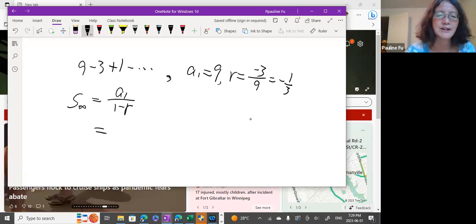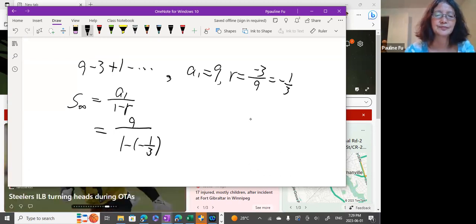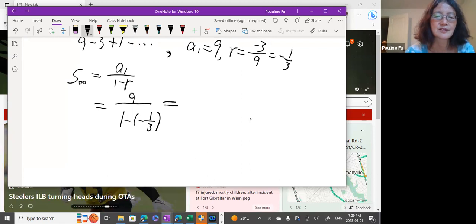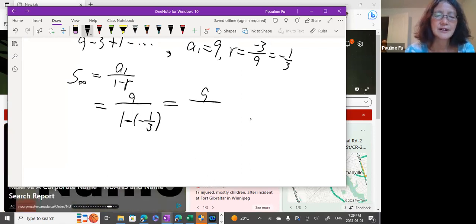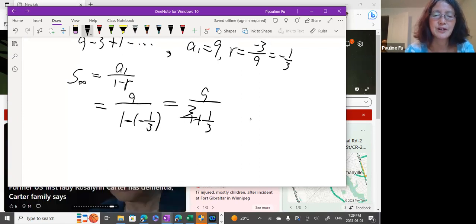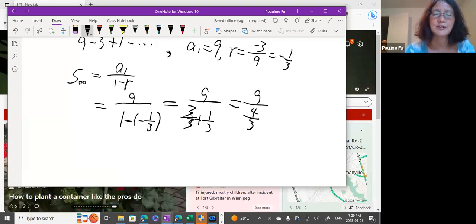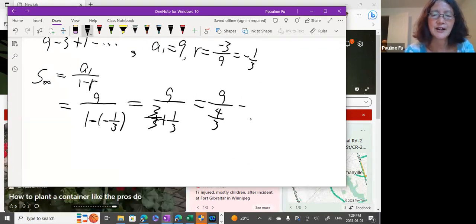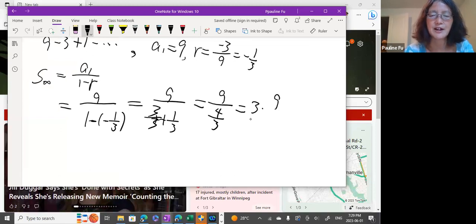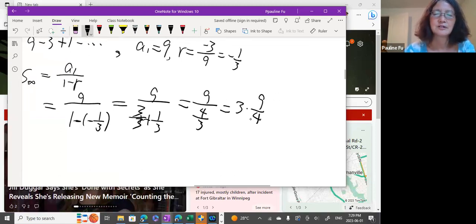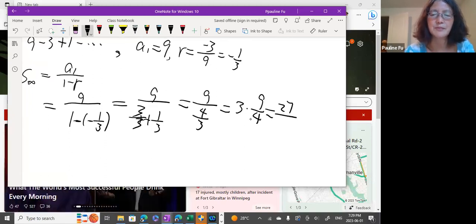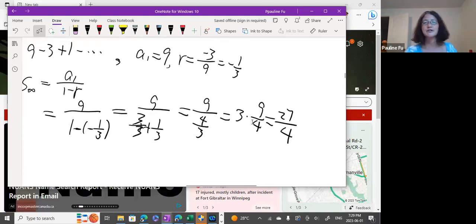Then plug in A1 = 9 and r = -1/3. Negative is positive, and 1 is 3/3, so you get 4/3. Then with the fraction, this is 3 times 9/4, so equal to 27 over 4. Okay, so this is this question.